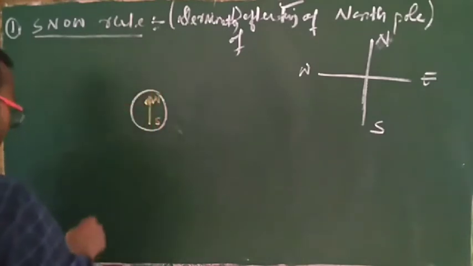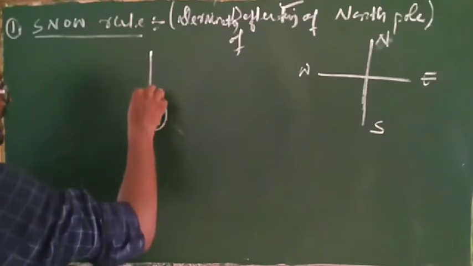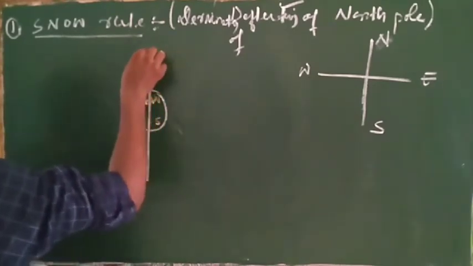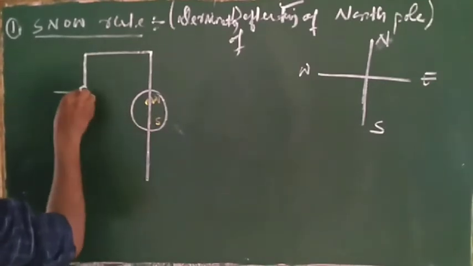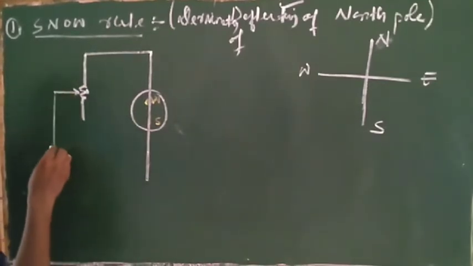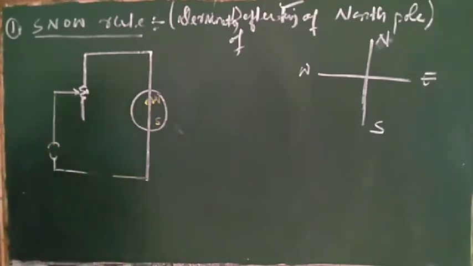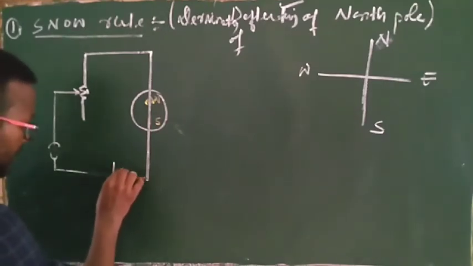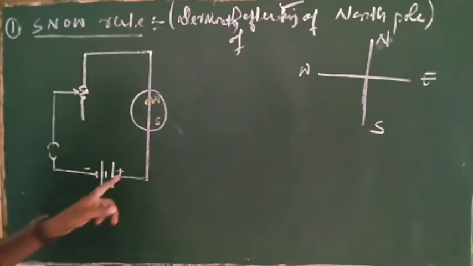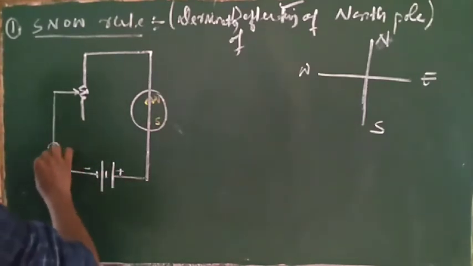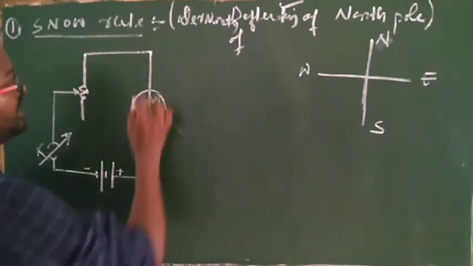Now, if we take a current carrying wire over the magnetic needle, connected through a battery, with this negative terminal and this positive terminal, when the key is closed, then current flows in this direction.